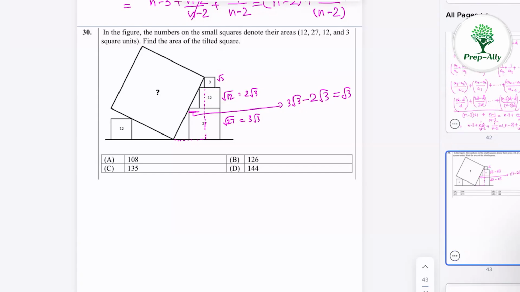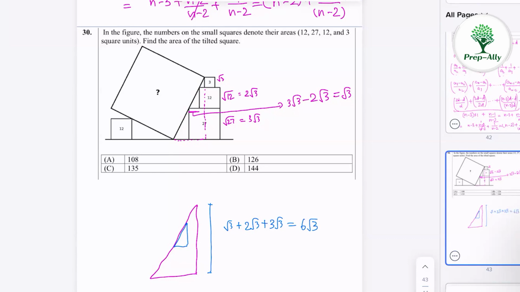So if we draw this diagram again, we have this triangle, and we have one small triangle inside that. That is this triangle. So this height here is root 3 plus 2 root 3 plus 3 root 3, which is 6 root 3.